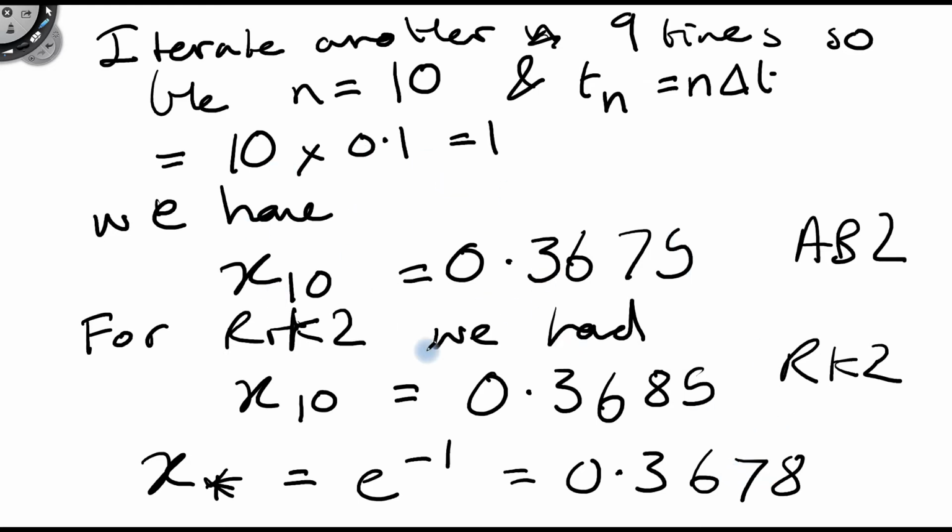But the point is these are the same order of accuracy. Remember, forward Euler had x10 as 0.3487, way away from the true solution compared to AB2 and RK2. So these second order methods are confirming that AB2 has the same order of accuracy as RK2, but the way that accuracy is achieved is very different.